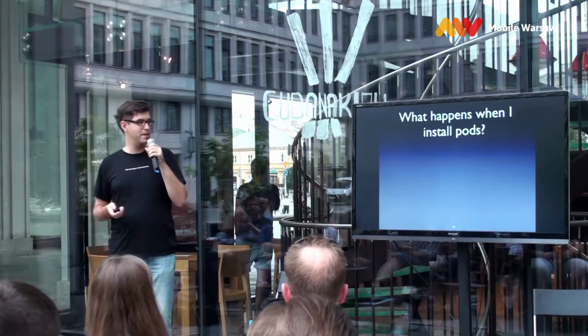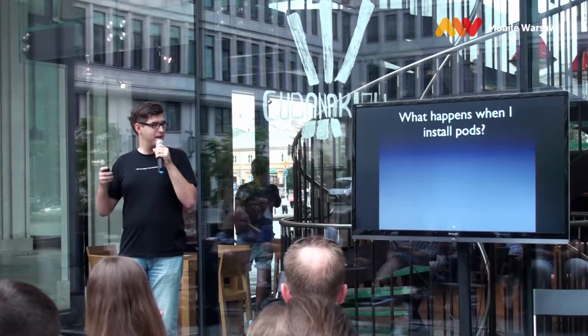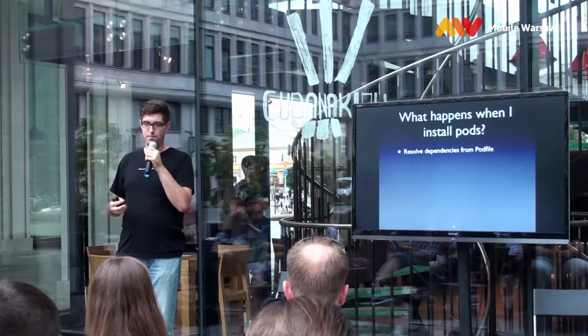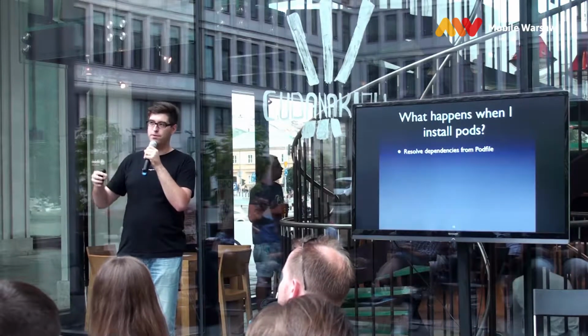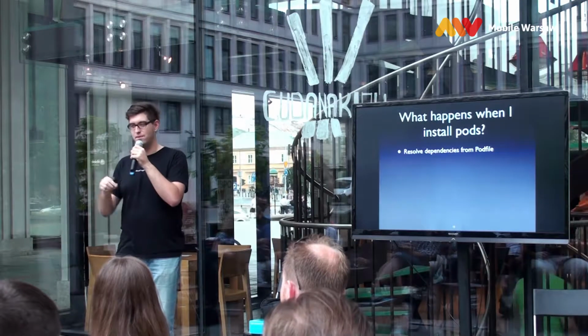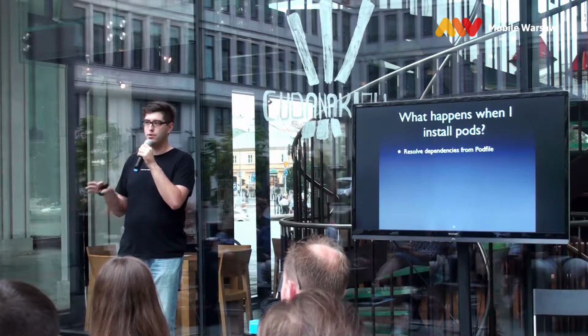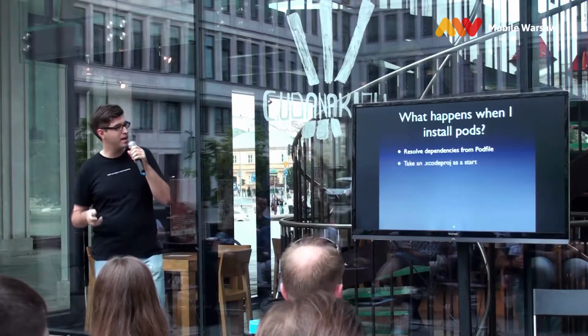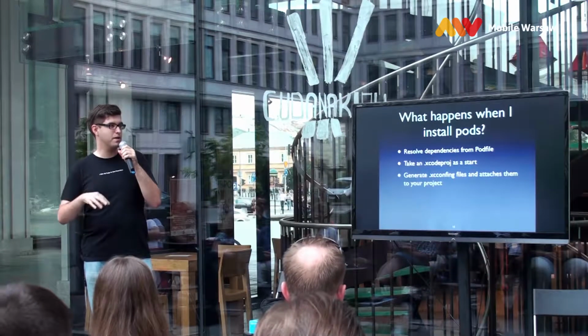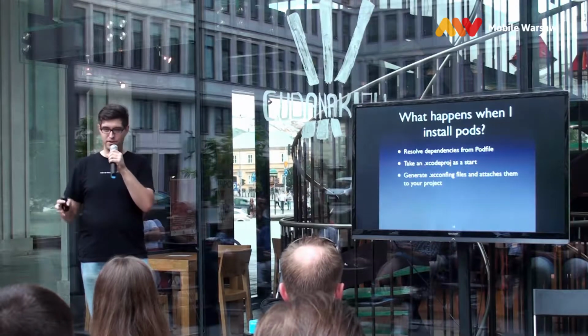So what happens when I install pods? First, CocoaPods will resolve all dependencies from your Podfile, and as I said before, it will also resolve your dependencies and their dependencies. So it'll just build a huge tree of what your project needs to run. Then it will take an Xcode project as a start and generate Xcode config files and attach them to your project.